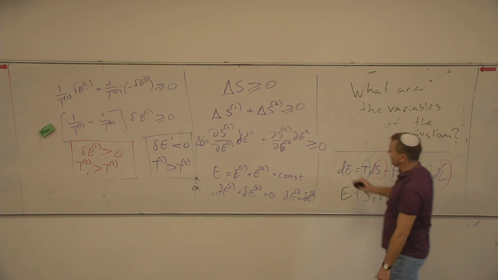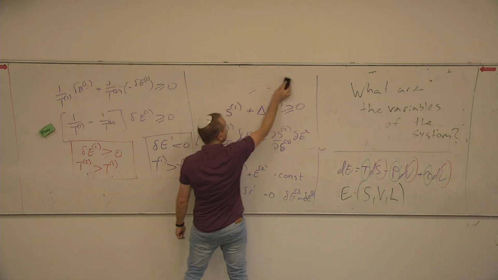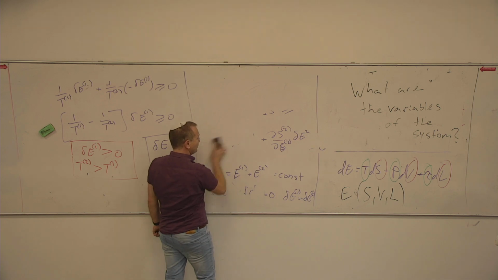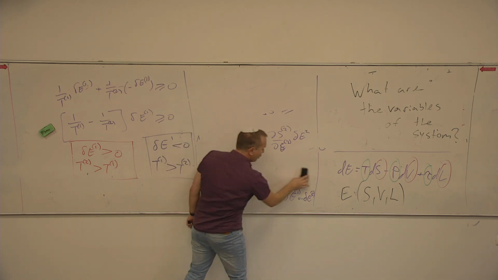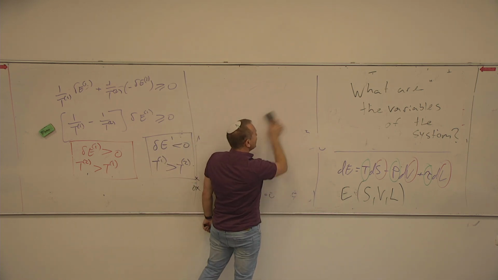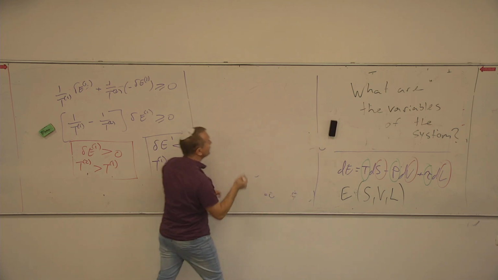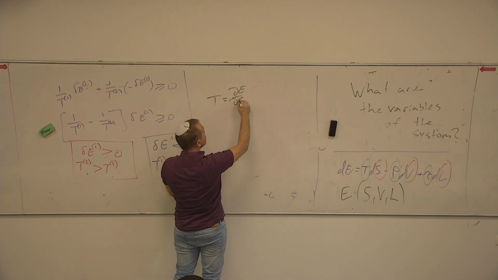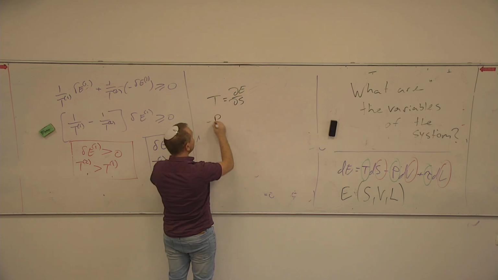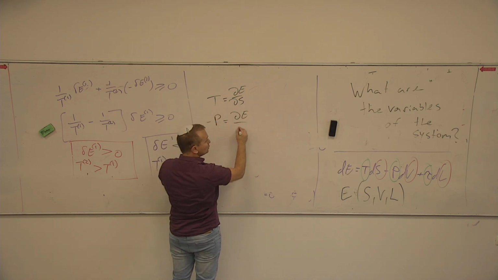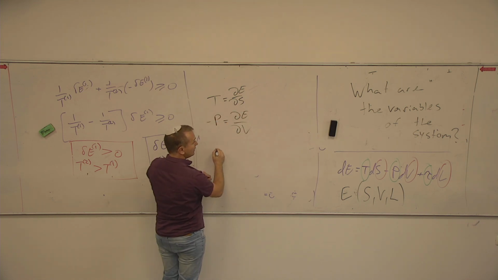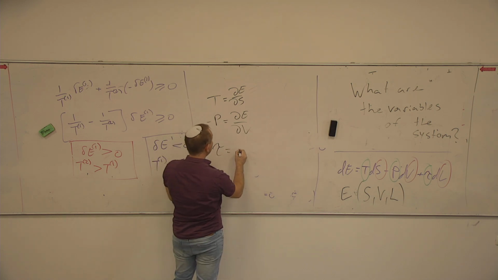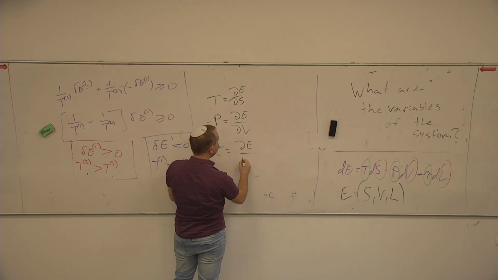This is how I recognize them. Whatever stands in front of the differentials, those generalized forces, are the derivatives. So T is dE/dS, and minus P is dE/dV, and tau is dE/dL.